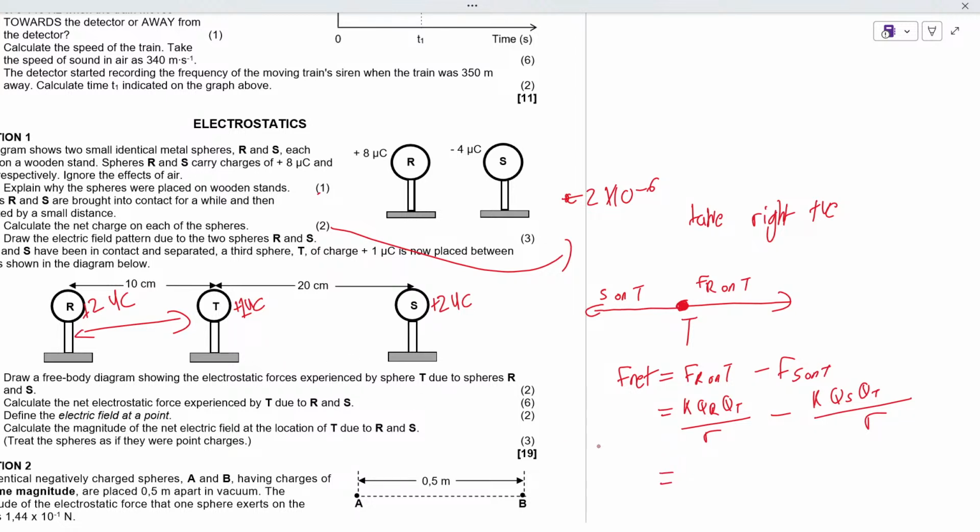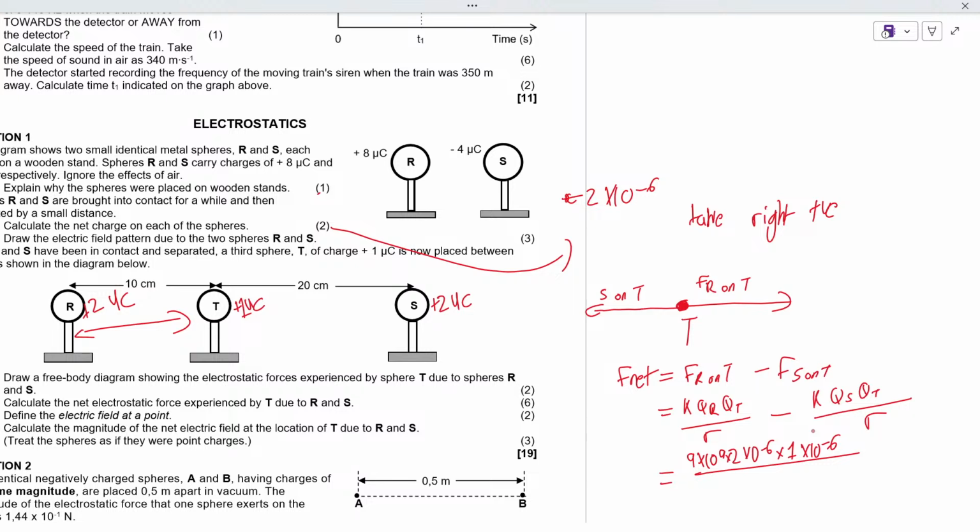Let's see. The k is 9 times 10 to the power 9. The charge for R is 2 times 10 to the power negative 6. What's the charge for T? It's 1 times 10 to the power negative 6. The distance there is in r.